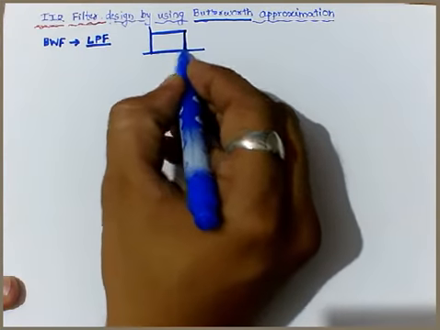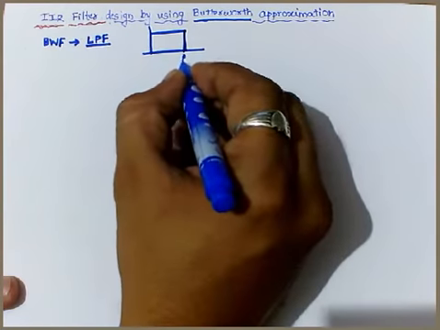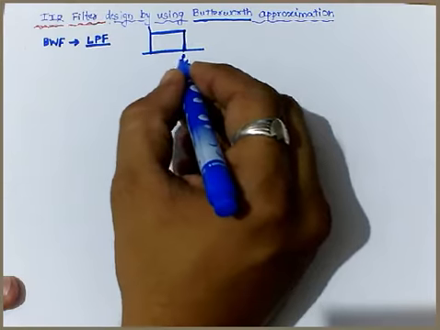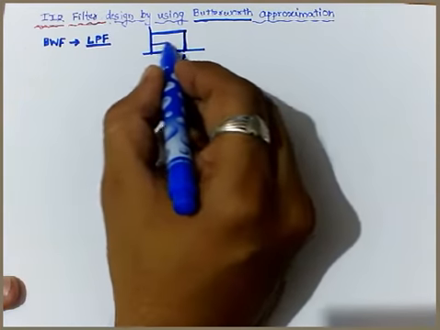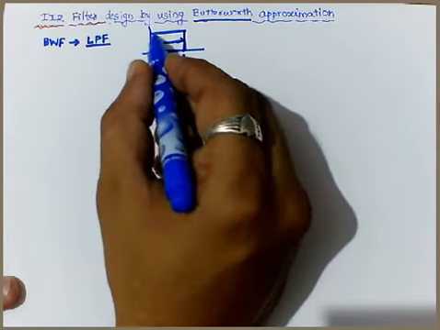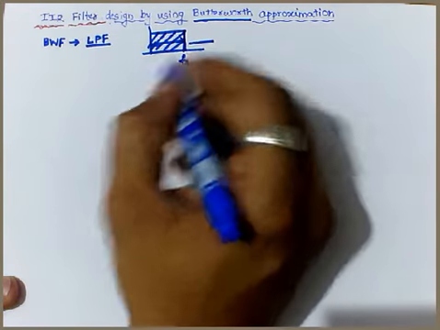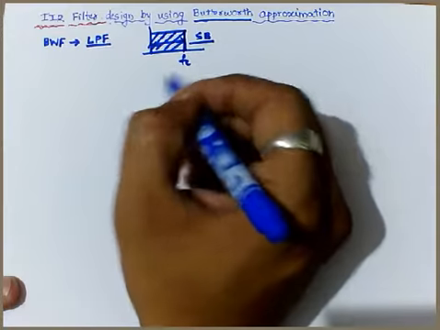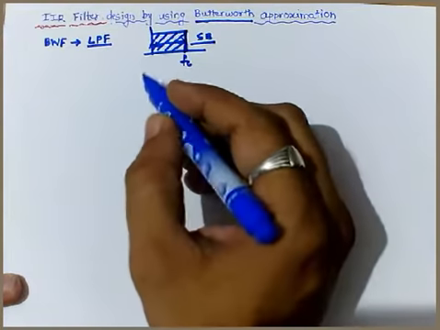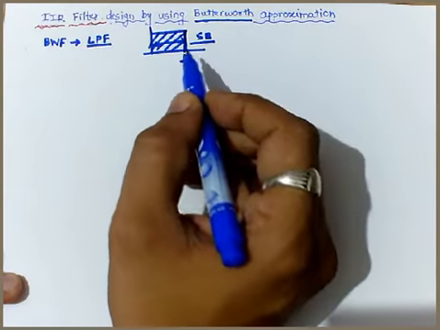Here this is the point FC, the cutoff frequency, below which is the pass band, and the rest of the frequencies are under the stop band. So this is the ideal characteristics.